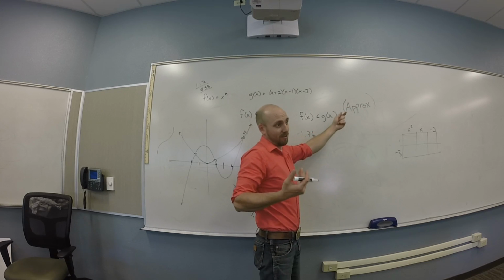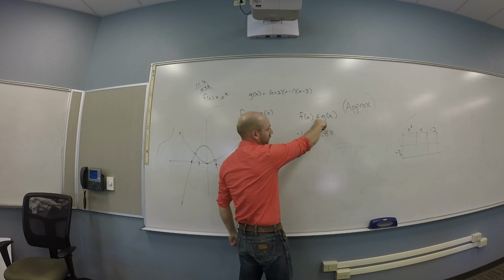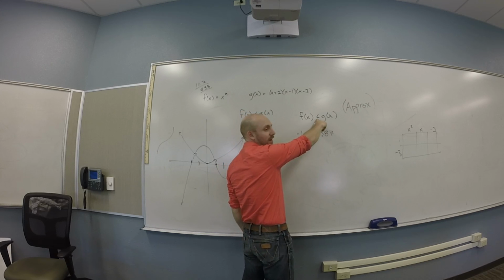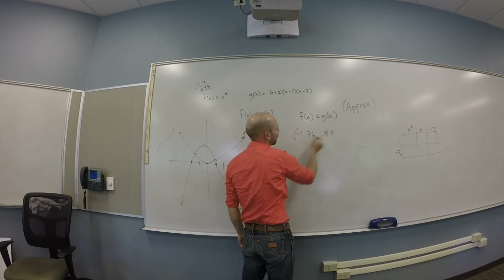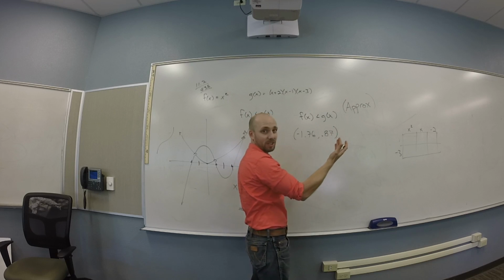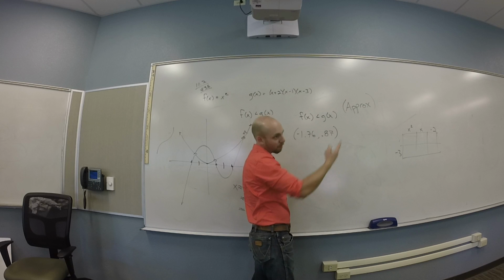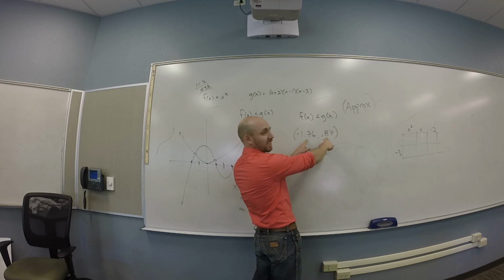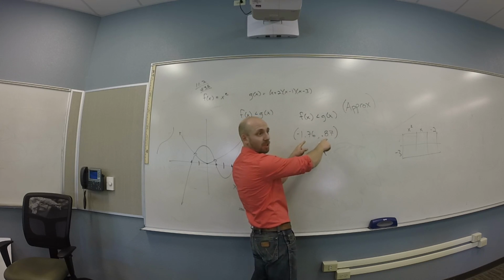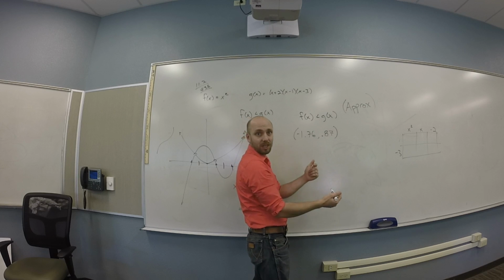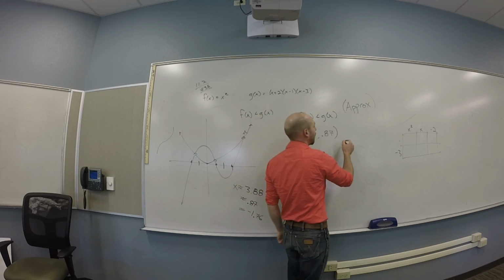I'm approximating, right? It shouldn't have an equal sign under it. So I'm going to do this with open parentheses, even though that's a little bit dishonest, because I'm approximating, and these things maybe are on one side or the other. You guys see that? And what's the other stuff?